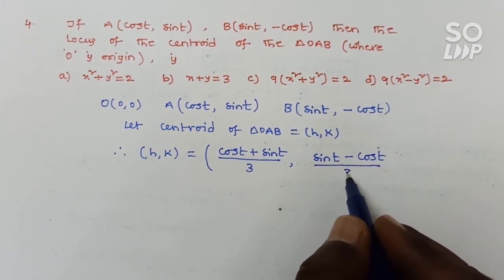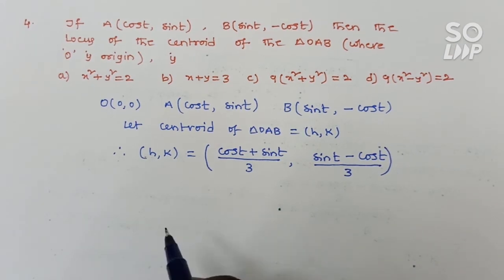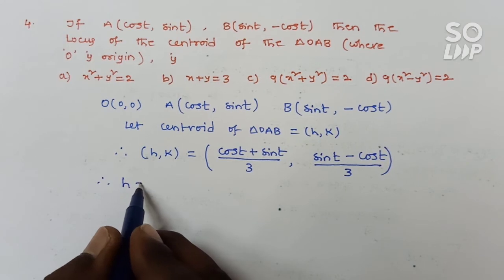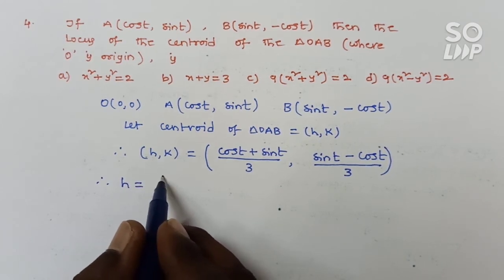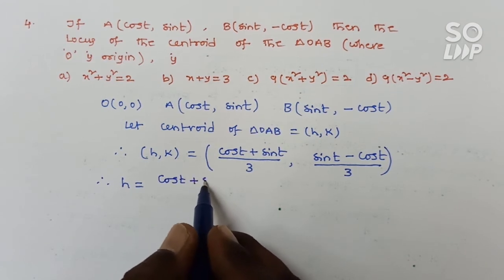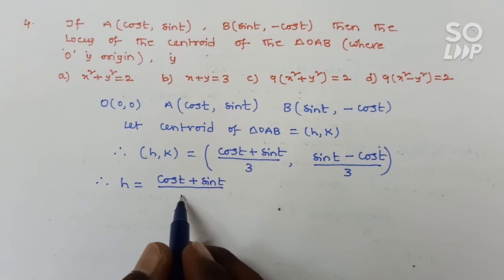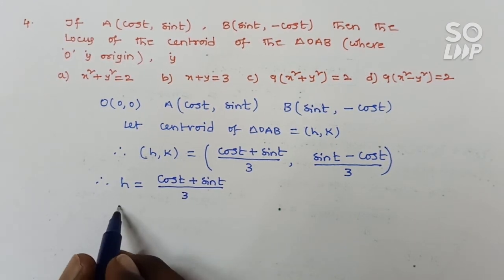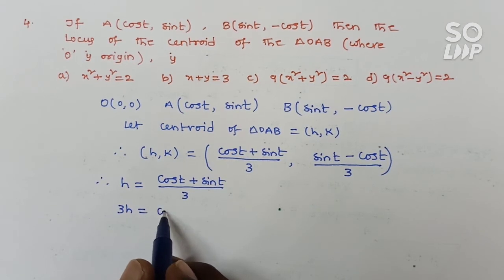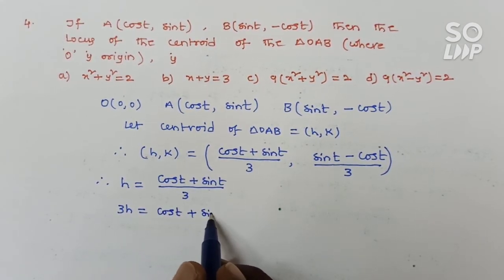Now these two points are equal, which means corresponding coordinates are equal. Therefore h is equal to (cos t plus sin t) divided by 3. By cross multiplying, 3h is equal to cos t plus sin t.